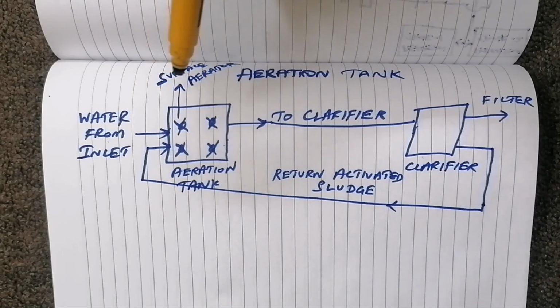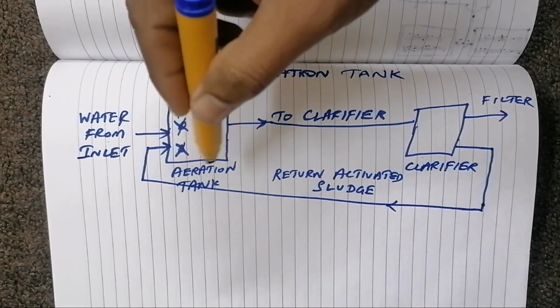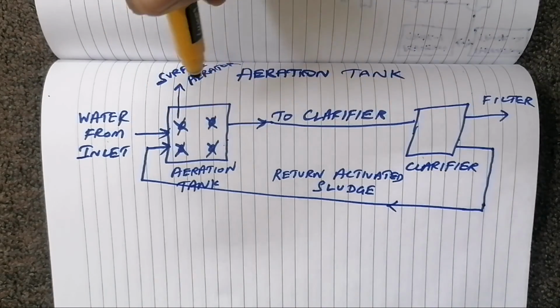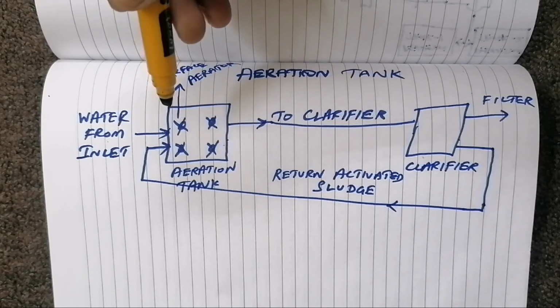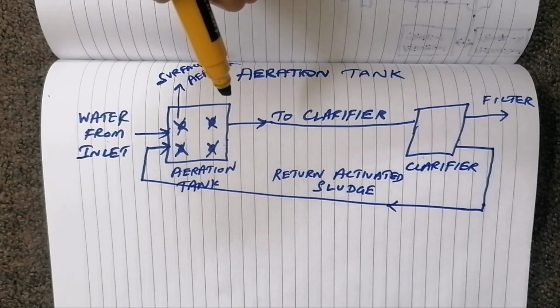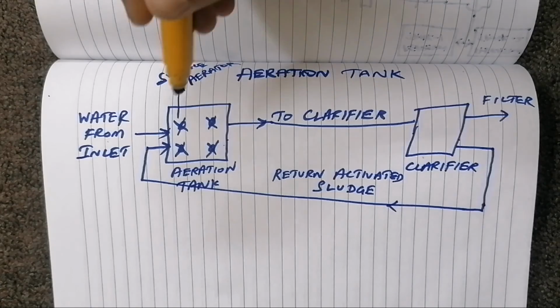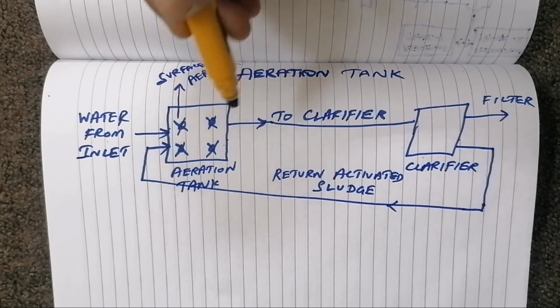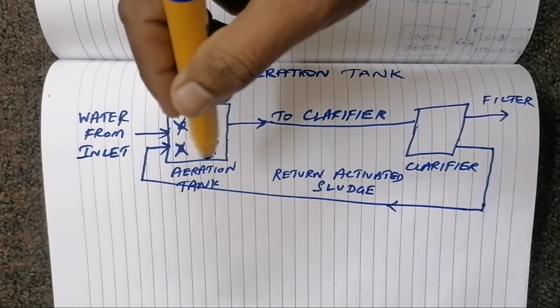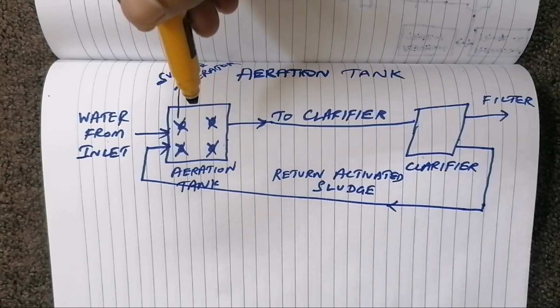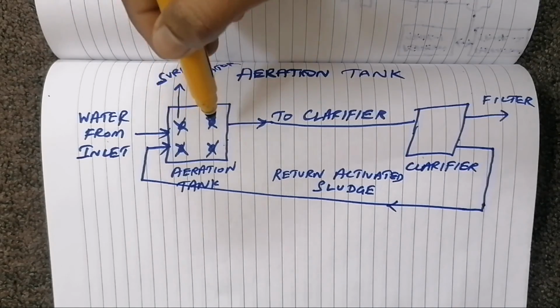It is not good for health and the environment. So what we are doing is converting ammonia into nitrate, which is non-toxic. To achieve this biological process we need oxygen, so that's why we are running surface aerators.